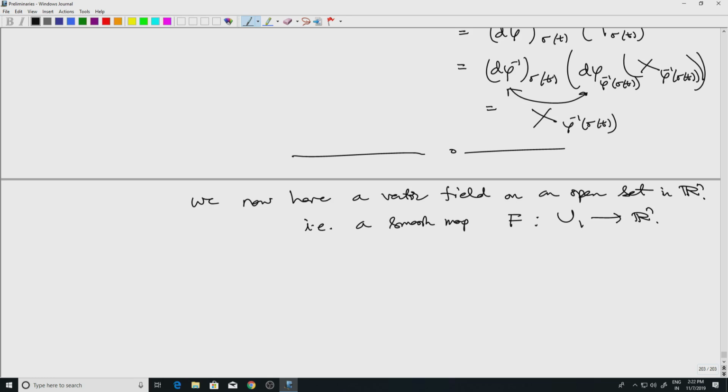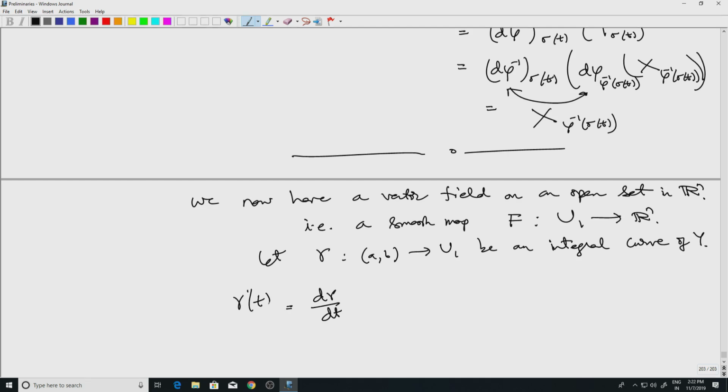Now let's see what the equation is. Let gamma from (a, b) to U1 be an integral curve of this y. So by definition, d gamma by dt, this is gamma prime t, equals y at gamma t.